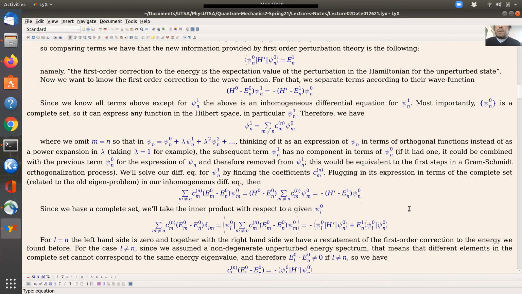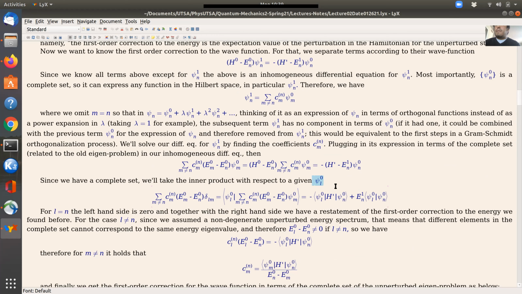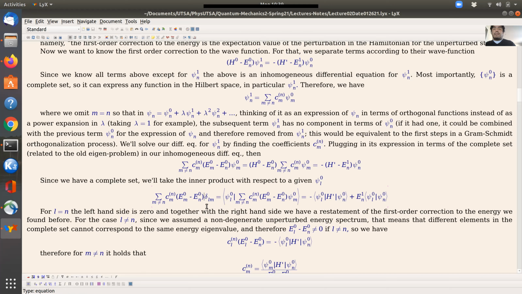And now what you can do is take the inner product with a given element of the old basis, psi 0L. Then you have an orthonormality condition, and that's why you have the Dirac delta in this case. So this will be delta Lm due to orthonormality.